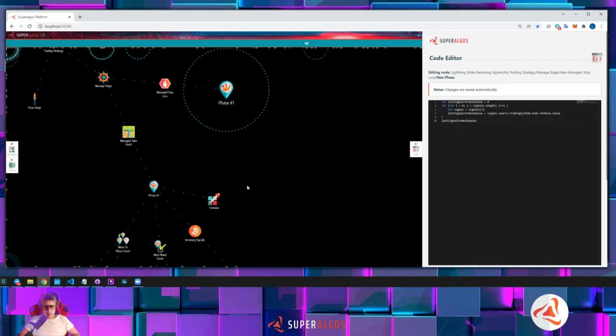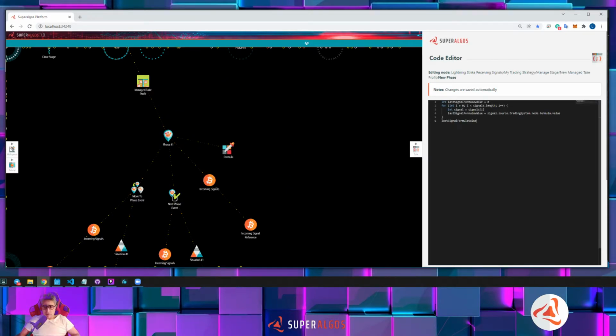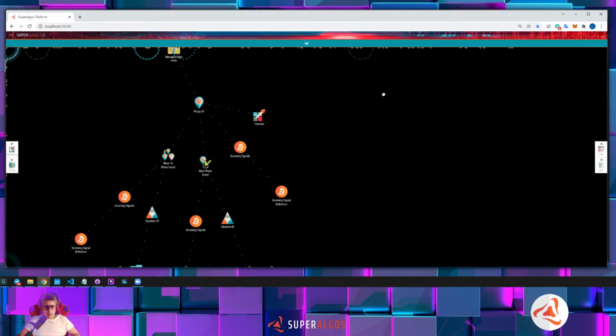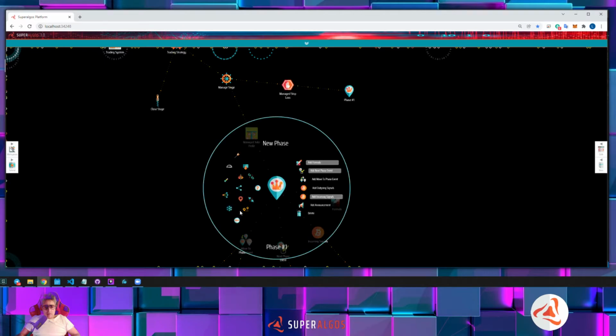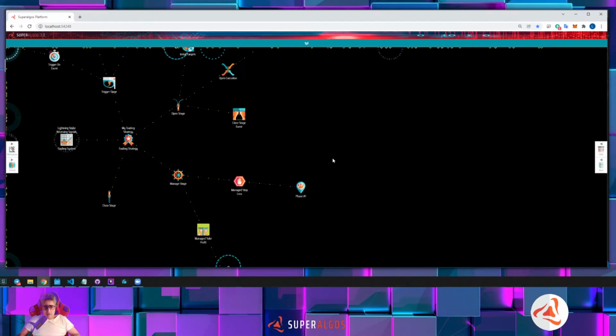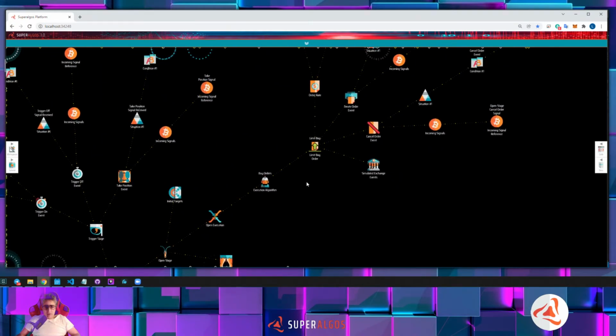We have only one phase of stop loss, only one phase of take profit. Okay, so that's it with the formulas. So all the formulas are going to come from signals. That's what we are saying.